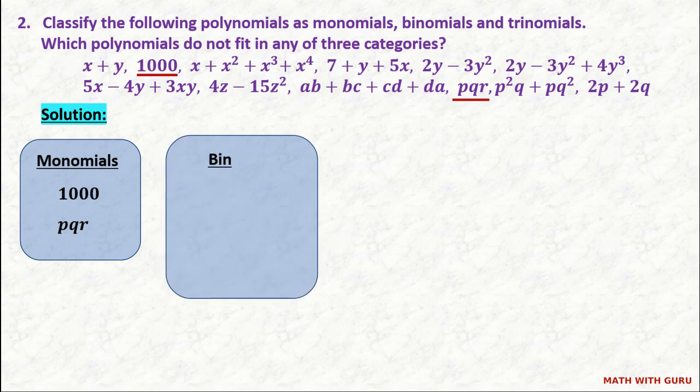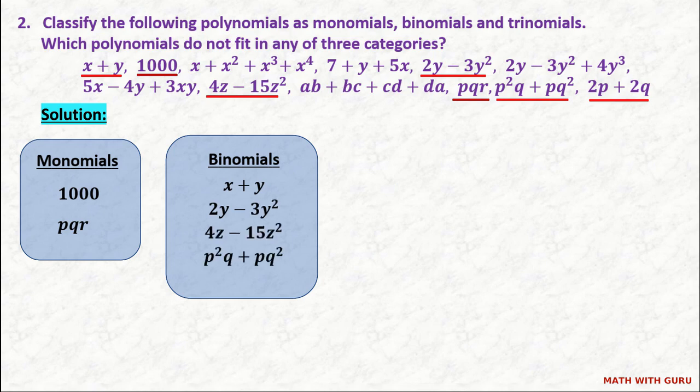Which are the binomials here? x plus y is one binomial. Then this is another, 2y minus 3y squared, 4z minus 15z squared. Then p squared q plus pq squared. We have one more, 2p plus 2q. These are the binomials.